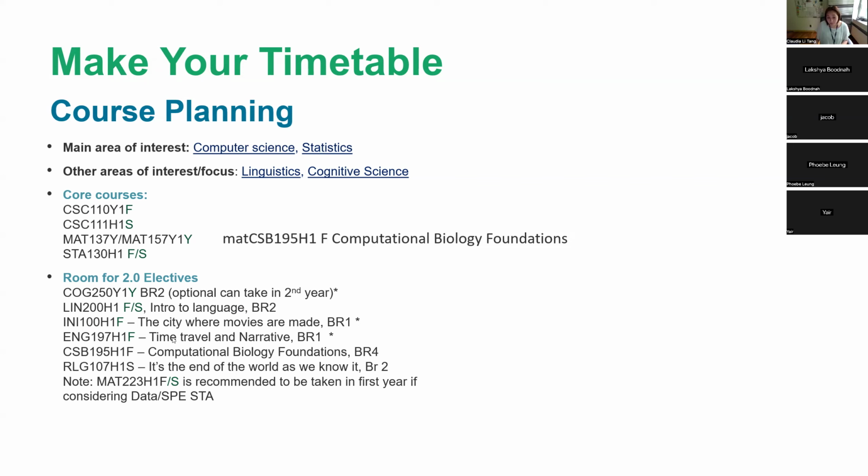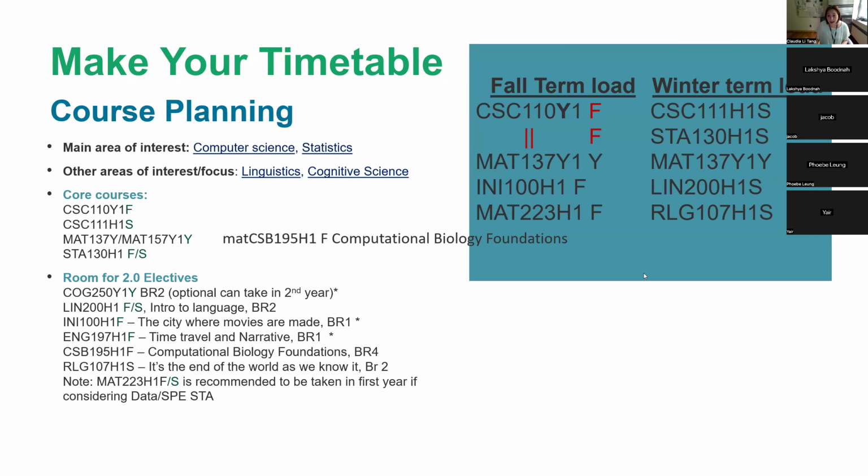This is important because the calendar is what guides you on what courses you may need to take. Then you go to the timetable, and when you key it in, you will have to look at what the sections are and make sure that you balance it out. For instance, if you go to the timetable and key in Math 223, you will see that the F and S are available.